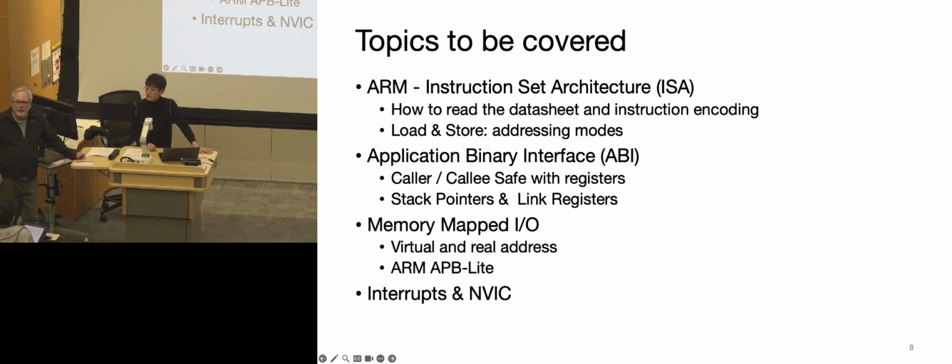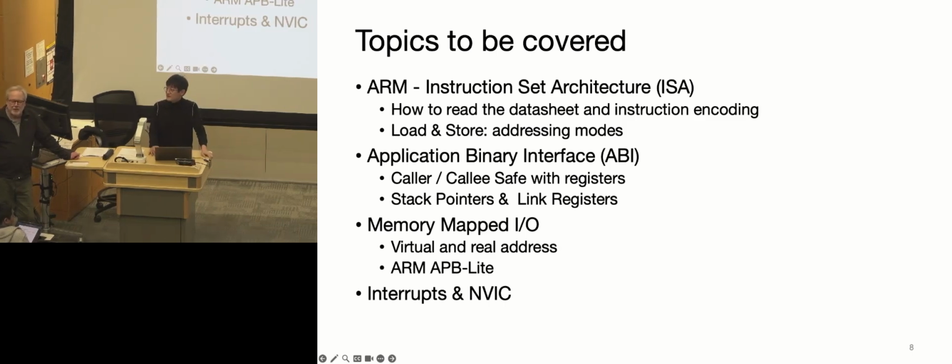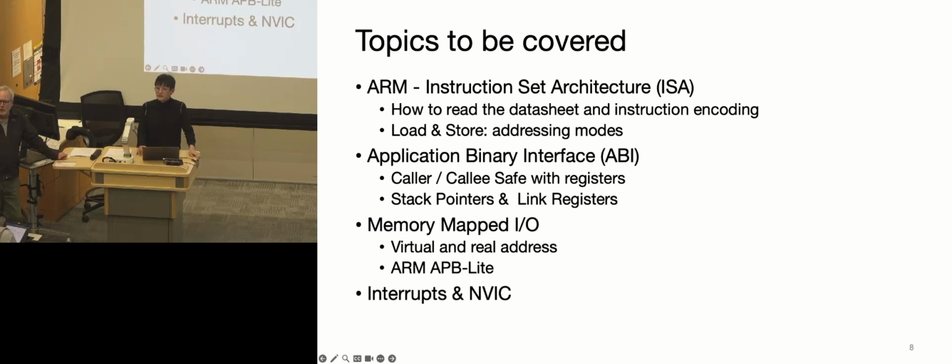Oh, APB light. Oh, okay. Same thing, right? Pretty much. I don't think there's a difference. It suggests that there's a lot of subclasses of those peripheral buses, and it could be that there are some differences, but we're not gonna emphasize that at all. Okay. You're welcome. Any other questions?